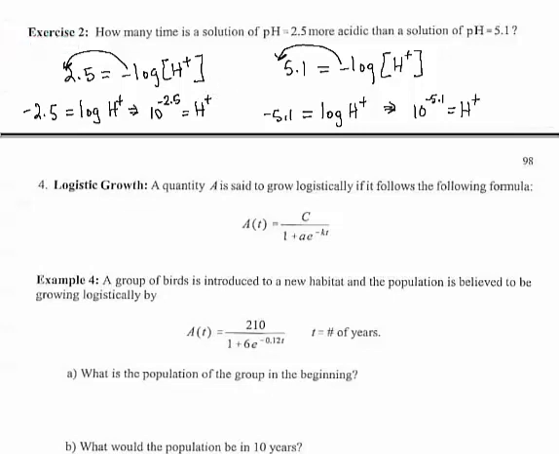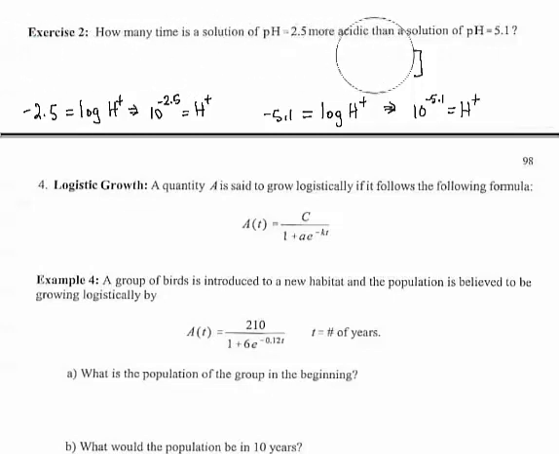So the question was, how many more times is one than the other? So I'm going to write H 2.5 subscript divided by H 5.1 equals 10 to the negative 2.5 divided by 10 to the negative 5.1.